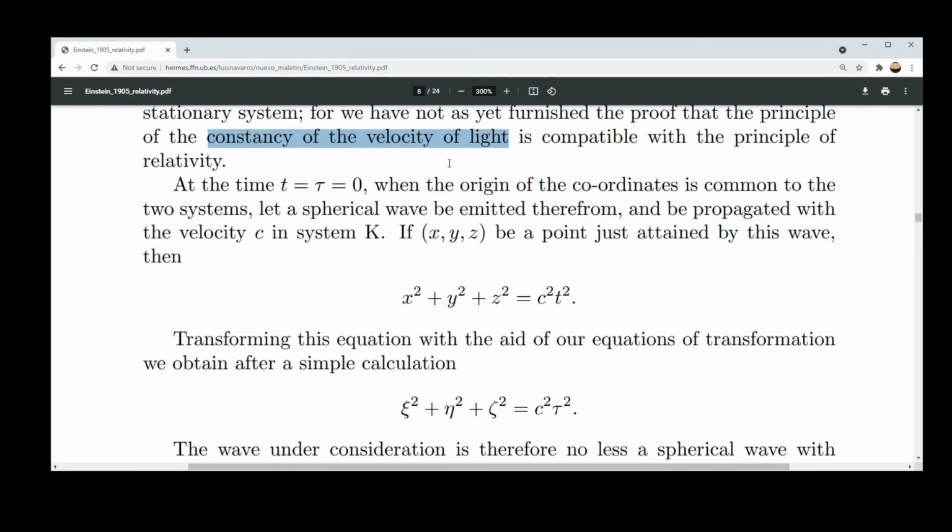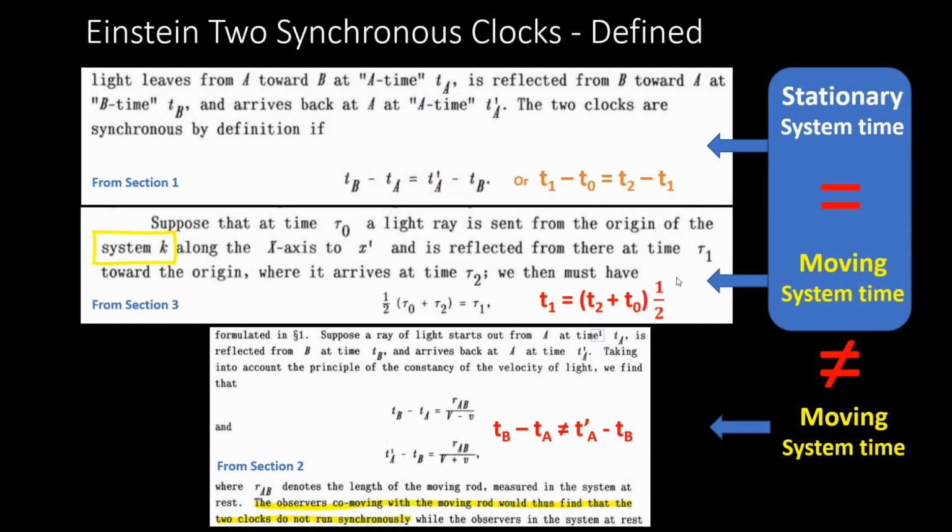The second postulate is really just about the transformation math from Voigt. You can just think of this as, are Voigt's equations compatible with the principle of relativity? Einstein had to pull this trick in section 3 because this is the exact assumption that Voigt's transformation math makes.